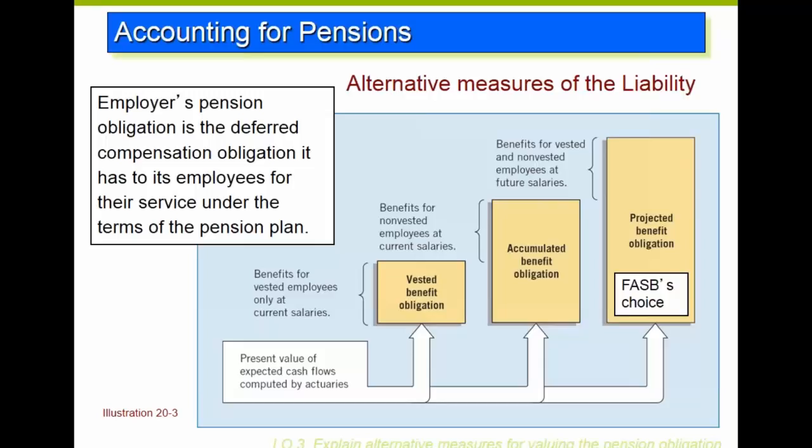And we'll go through this in more detail later on. But the projected benefit obligation, or the PBO, essentially is defining, again, the years of service to date times the factor, whatever the employer has, times the expected salary at retirement.